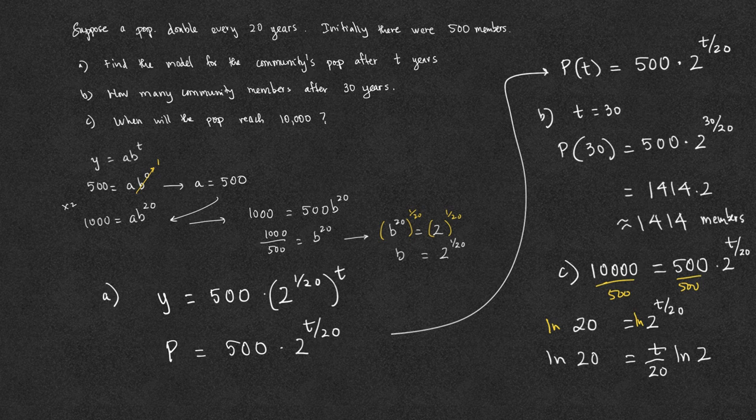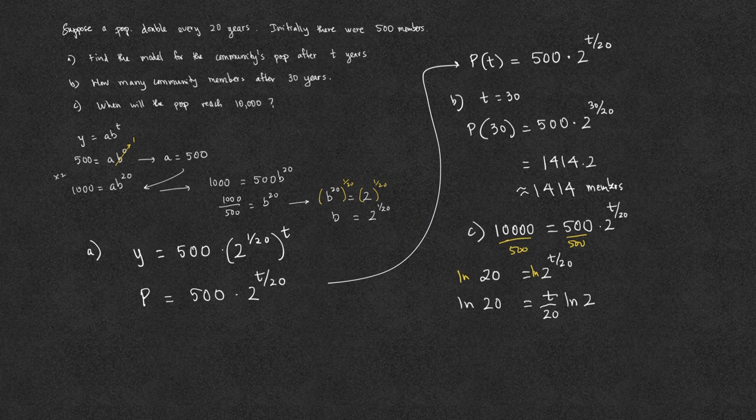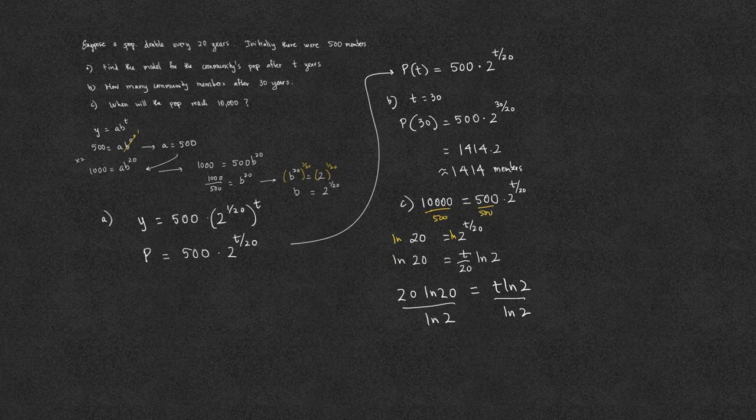Now we can isolate t. First, we multiply both sides of the equation by 20, and then we divide by ln of 2 to get t by itself.